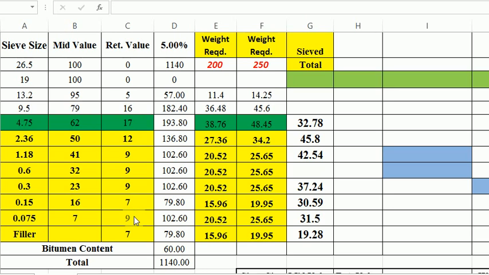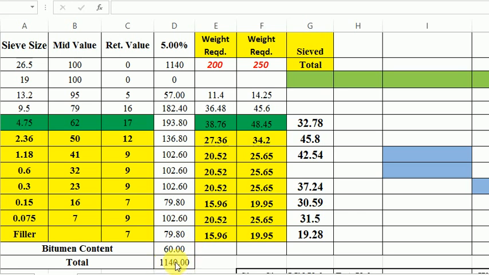Then based on the bitumen content, suppose, as I told earlier, 1200 gram is my total weight of the mix. If I choose 5% of bitumen, then for 1200 gram, 5% of bitumen is 60 gram of bitumen. So I have selected 60 gram of bitumen. If I subtract that from 1200 gram, the value for aggregate comes to 1140.